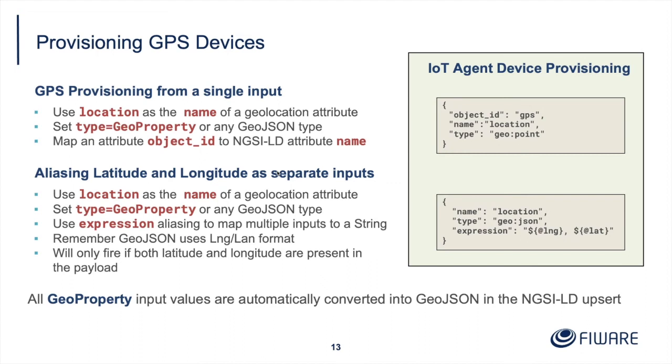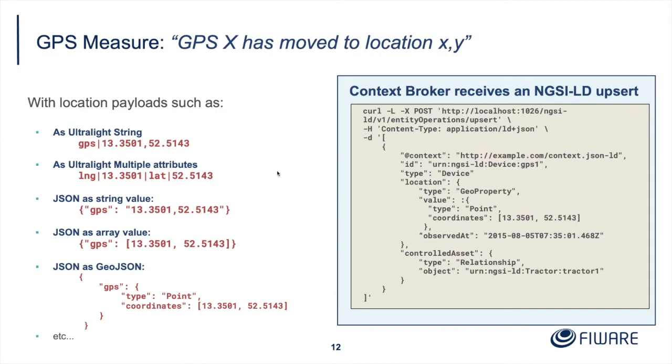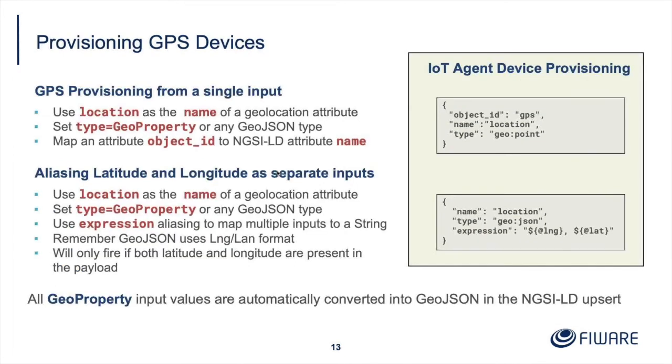And then you need to map the relevant object ID to the attribute name. The object ID is what's coming in. So in my case, if I go back to the previous slide, you can see my GPS is an Ultralight string, GPS with a very terse lat long or long lat, can't remember which. It's long lat, isn't it? And it is also possible, of course, if you have a device which has latitude and longitude as separate attributes, to use the expression functionality of the IoT agent to get hold of that information.